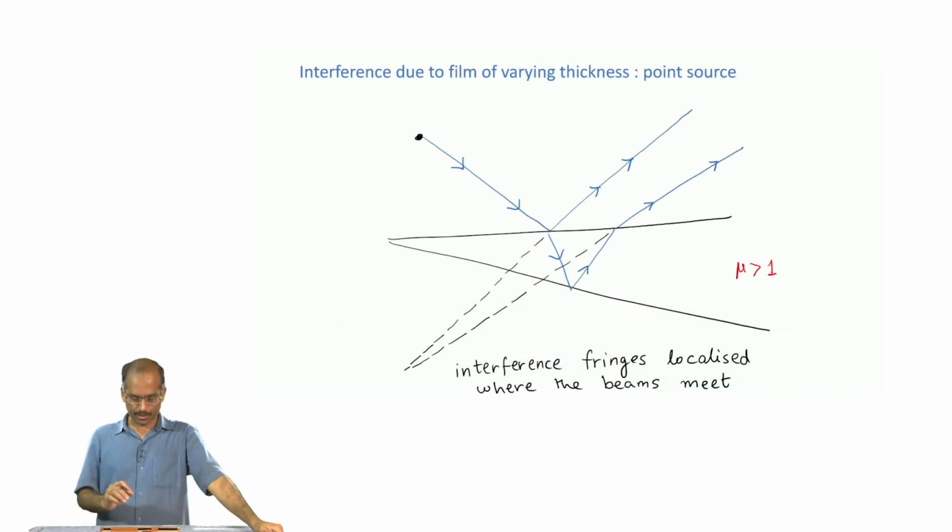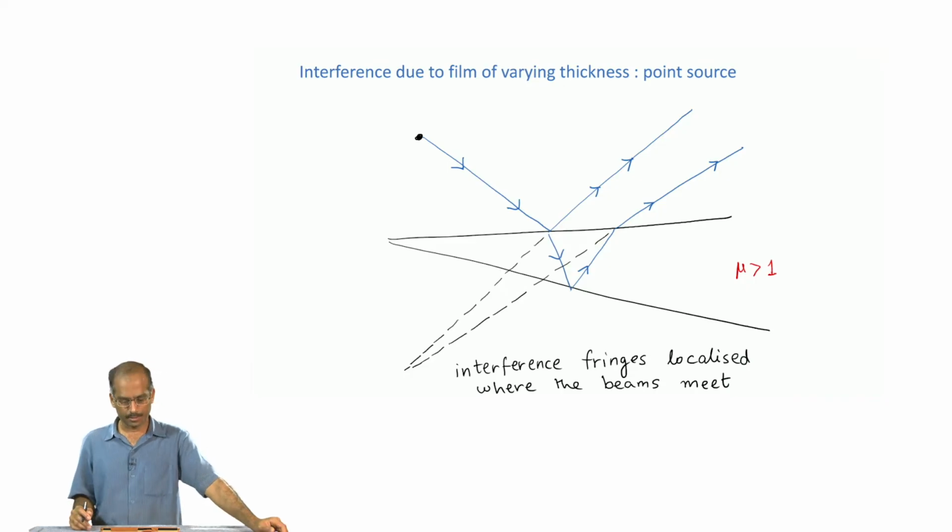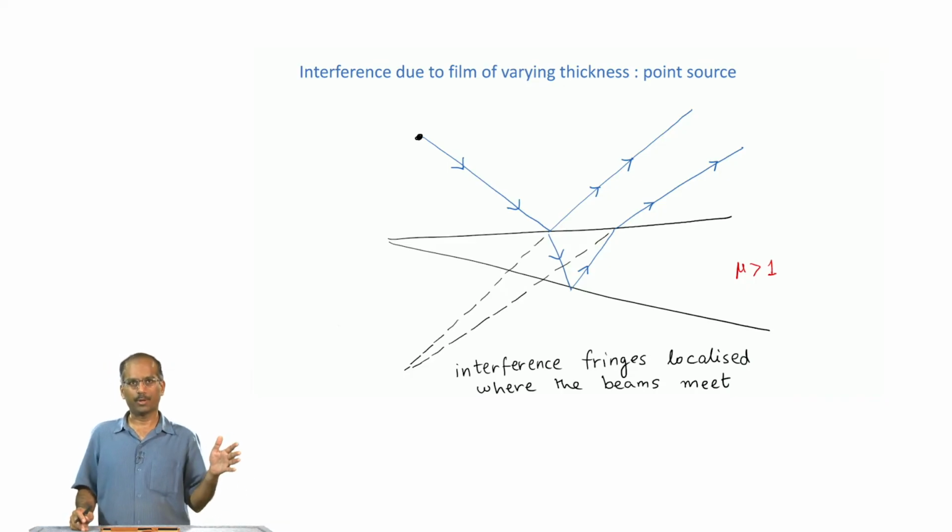Now, finally, before I leave this subject of glass slab, we will also look at this same problem of a wedge shaped glass slab with the light beam as a point source, which is at an angle to the top of the glass slab.